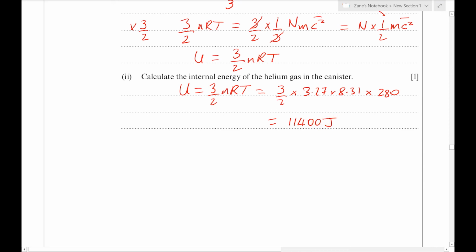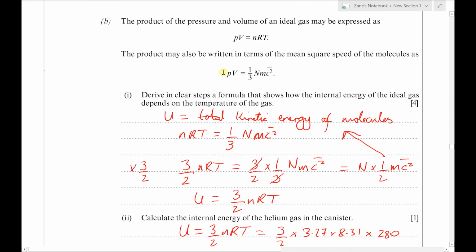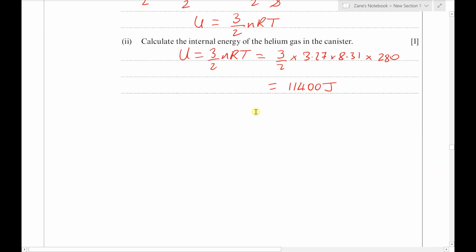Now, a quicker way of doing that is to remember that PV is equal to nRT. We've got that up here. So we could also, so let's put this as an OR, we could also have used the equation U is equal to 3 over 2 PV. Remember, nRT is PV.